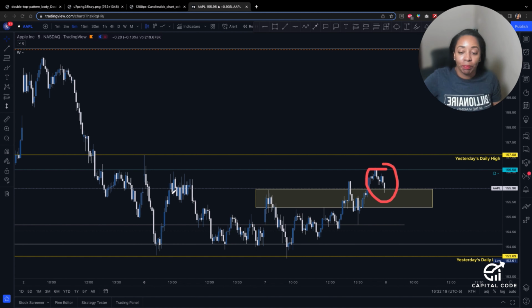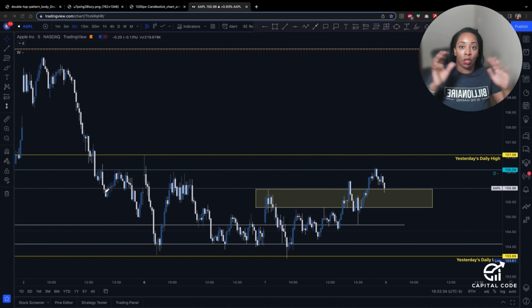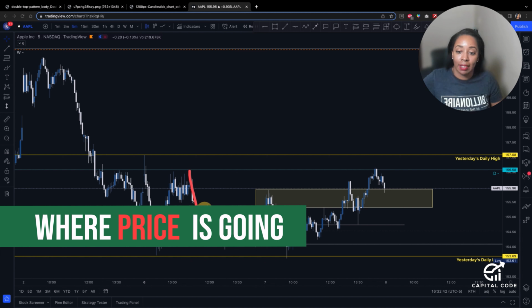So anyway, I don't want to get too deep into this, but basically by drawing out your support and resistance levels, knowing what is happening to the price in terms of the overall big picture, you can read these candlesticks and try to figure out where the price is going.